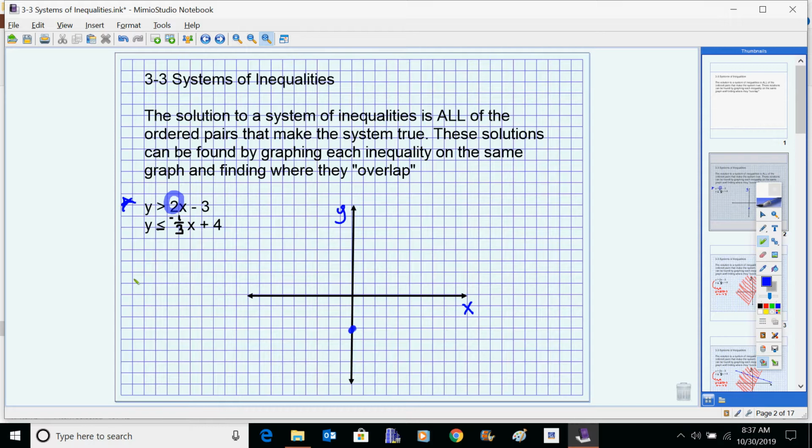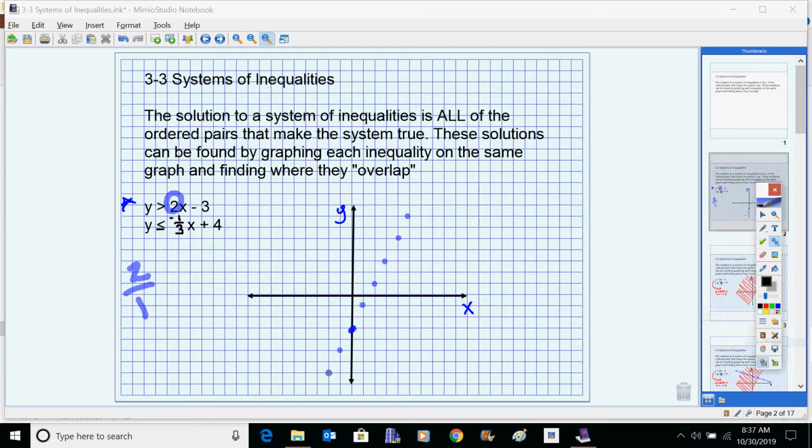Up 2 over 1, just to review that. So we're putting these points in, up 2 over 1. And you can do that as many times as you feel like doing. It just makes it easier to draw a straight line. And then we need to do a dashed line for that one.